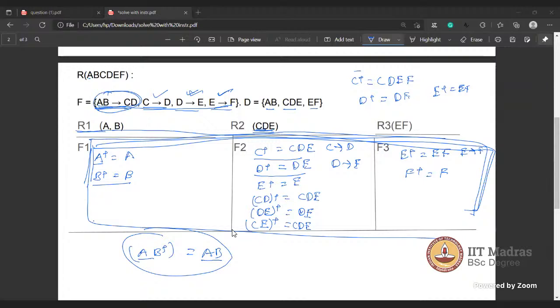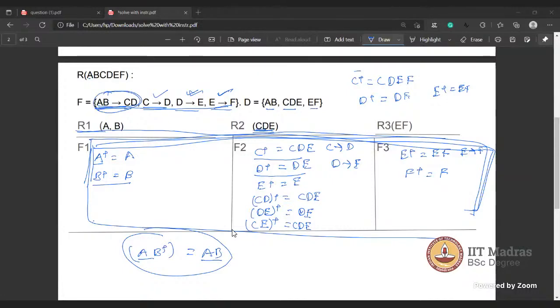If we could derive AB determines CD by combining F1 union F2 union F3 and using Armstrong axioms, then we could say the dependency is preserved. But here, in none of the sub functional dependencies F1, F2, and F3 is AB determining anything, neither A nor B. So we cannot derive that functional dependency.